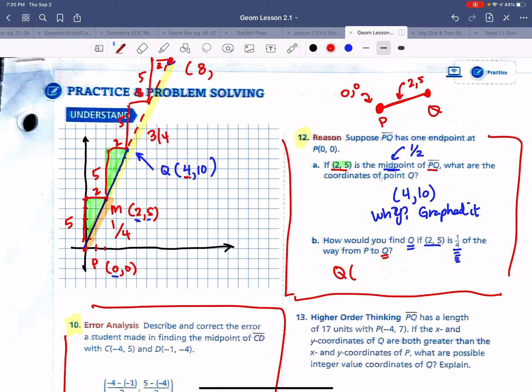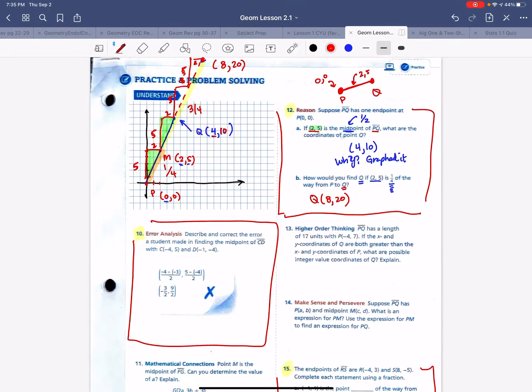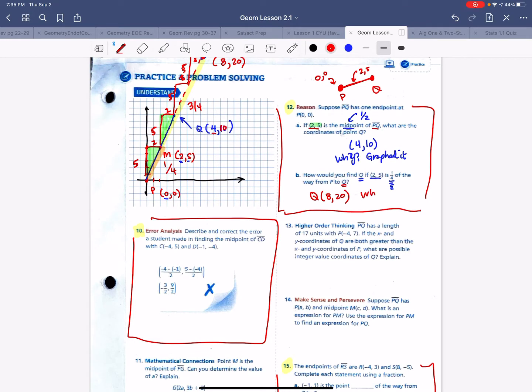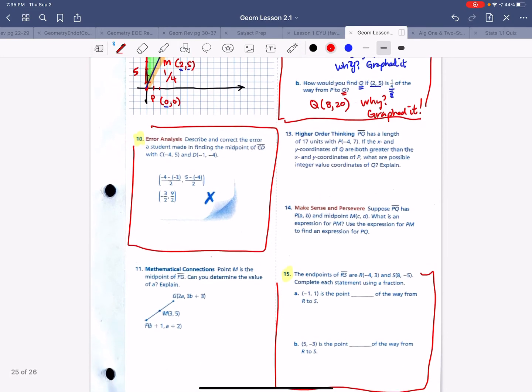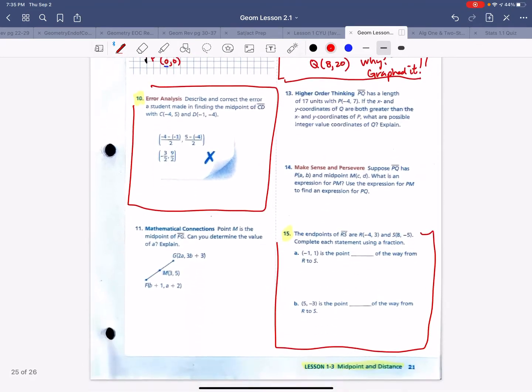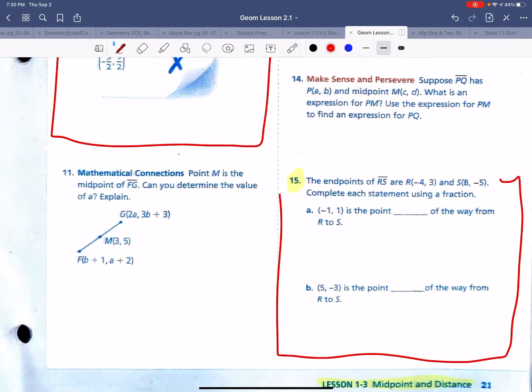And instead of 10 here, I'd go 5, 10, 15, 20. Okay. Now, how do I know? Why do I know? I graphed it. Okay, question 15.